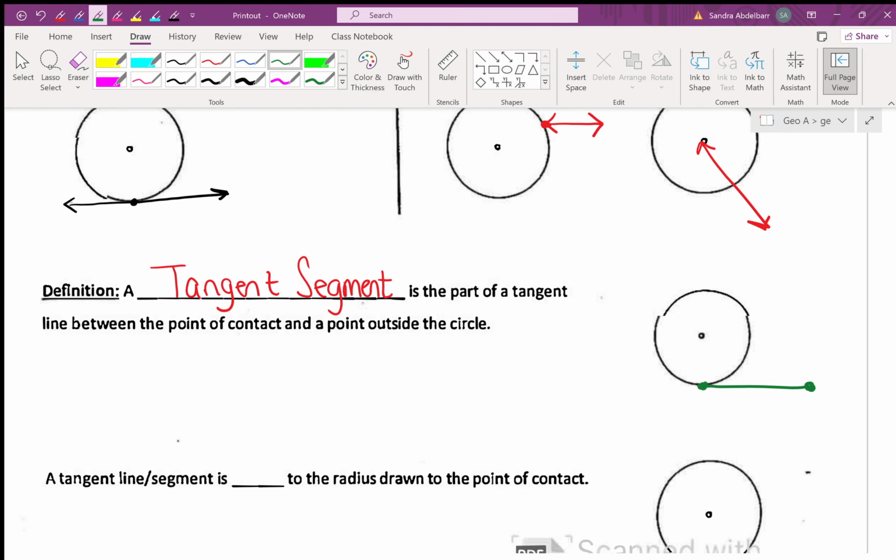So what I just drew here is a tangent segment. If I were to extend this segment into a line, would it ever touch the circle again, other than at that one point? No, and that's what you want to make sure of for tangent segments, that it's not going to touch the circle again. So this is a tangent segment.